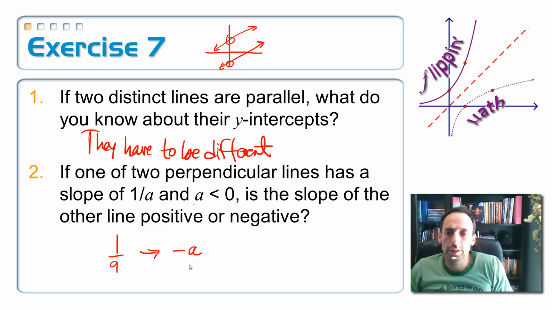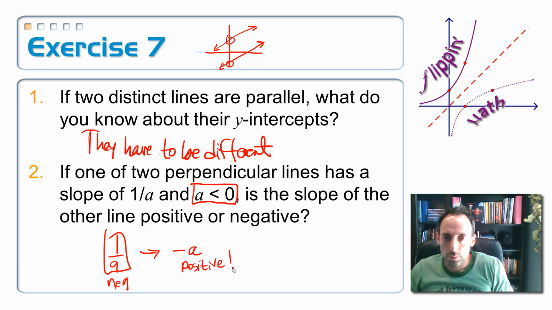And of course I'd look at that negative sign and go, oh, I think the other slope is negative. However, this is saying that a is less than 0, which means that a is negative, and the negative of a negative is a positive. So the slope of the other line must be positive. Tricky.